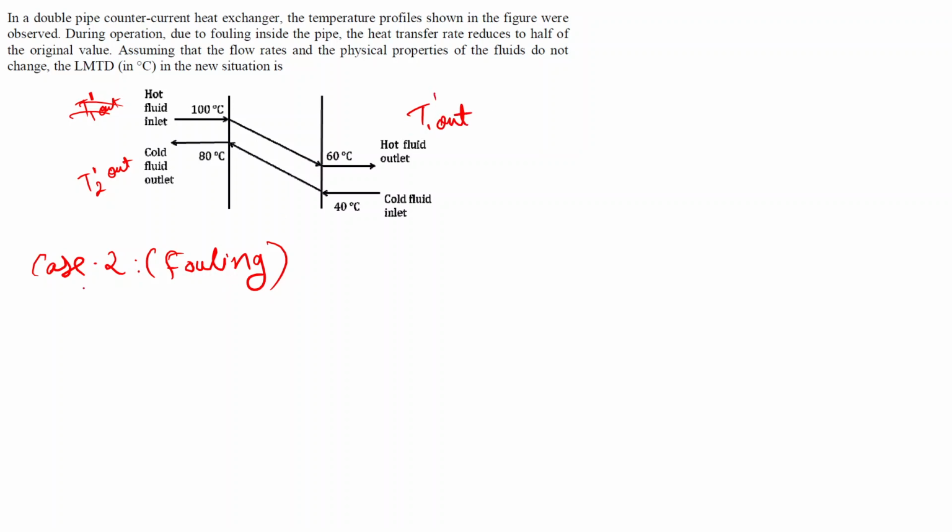Now for case 2, similarly we can write Q is equal to M1 Cp1 into 100 minus T1 dash out for the hot fluid. Similarly we will have M2 Cp2 into T2 dash out minus 40 for the cold fluid.